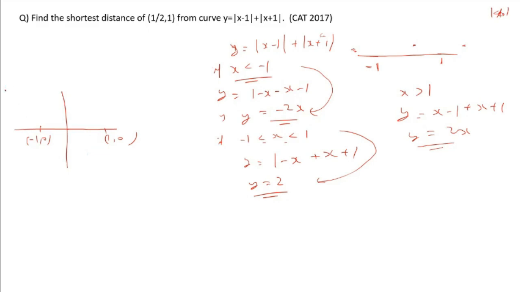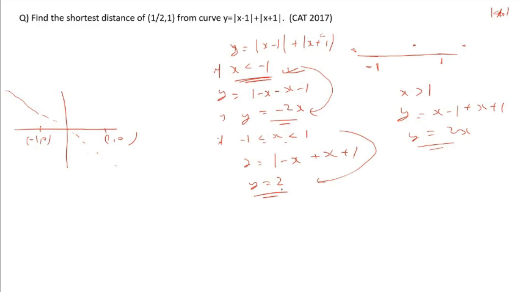It will cross the origin and go on, but we only need it for the x less than -1 range. This is important. We only need this part of the graph because x is less than -1 here.